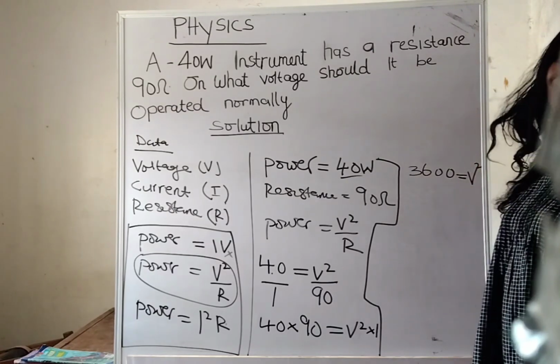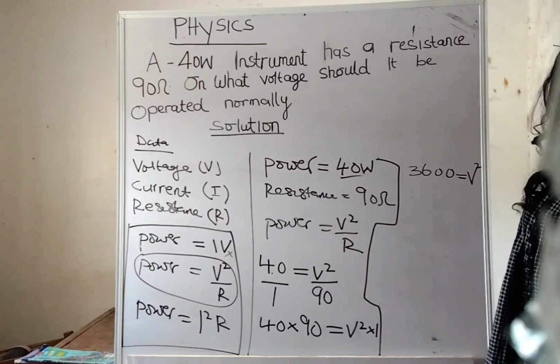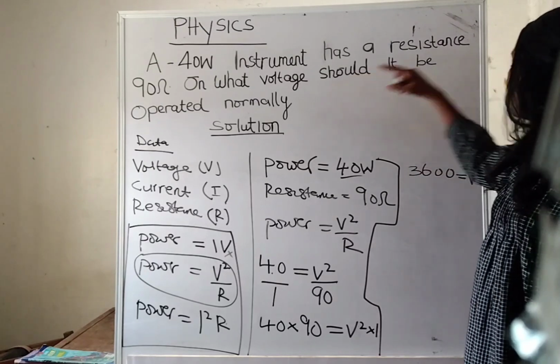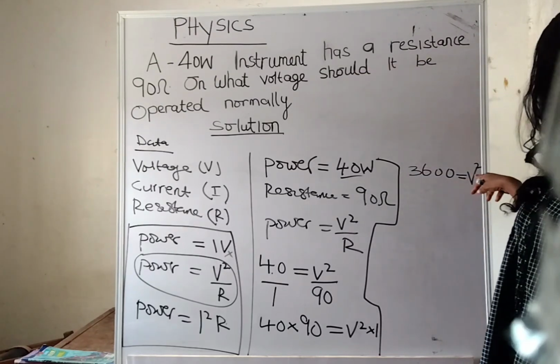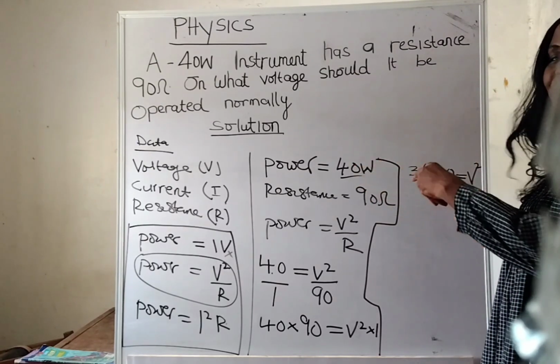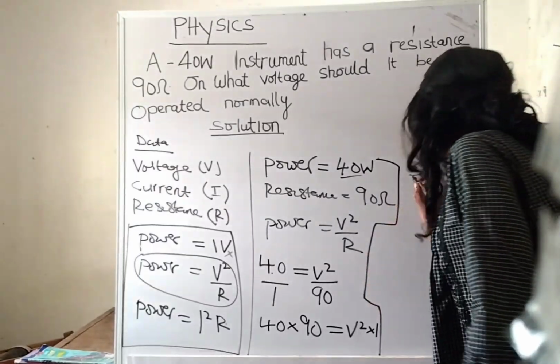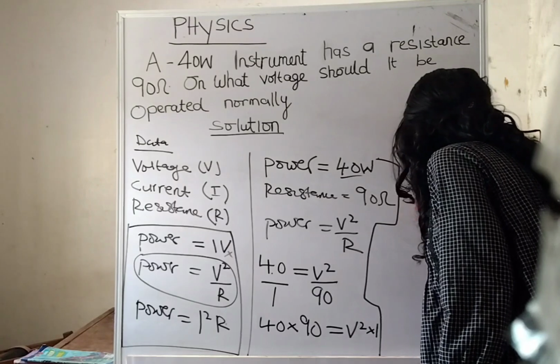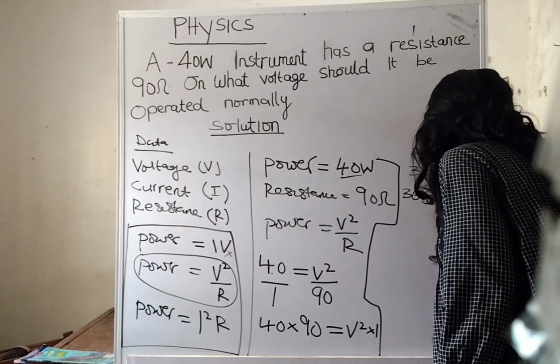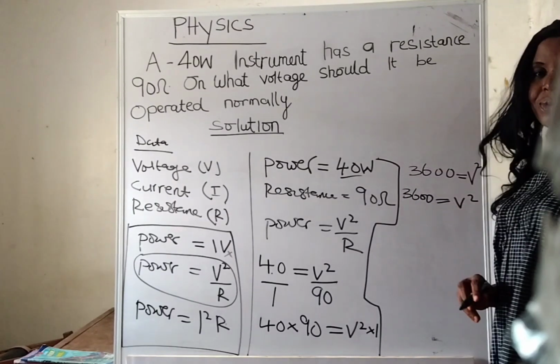What do I do now? They asked us to get V, not V square. So to remove this square, I will take the square root of both sides. Let me write it out again. 3600 equals V square. So I take the square root of both sides.